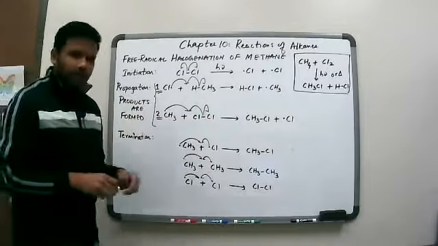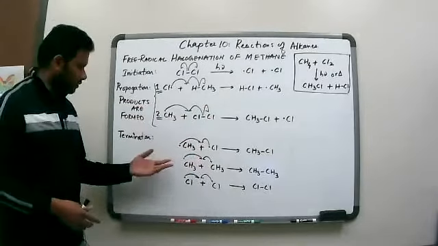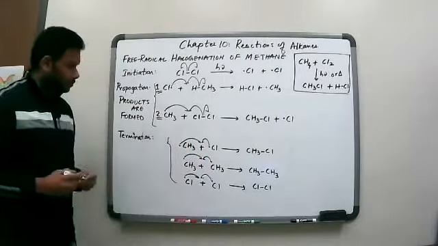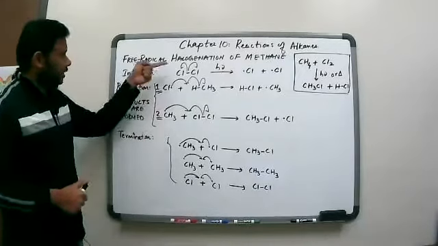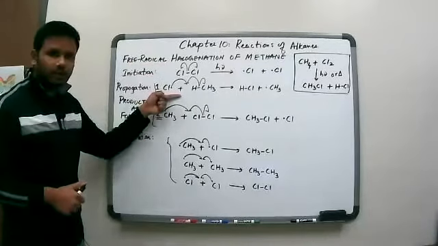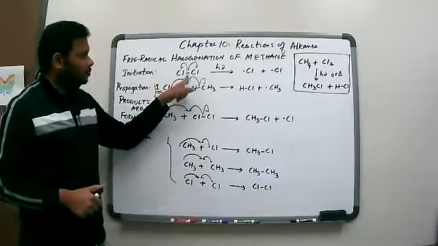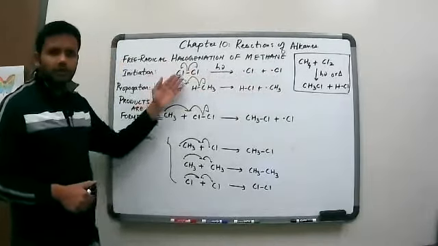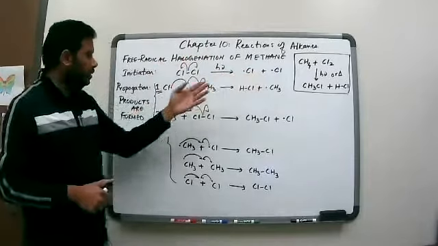Now, towards the end of the reaction, we have termination events. These are all termination events. How does a termination event differ from an initiation or a propagation step? Recollect that initiation is where our reactive intermediates are formed. We don't have any reactive intermediate on the reactant side, and on the product side we have reactive intermediates.